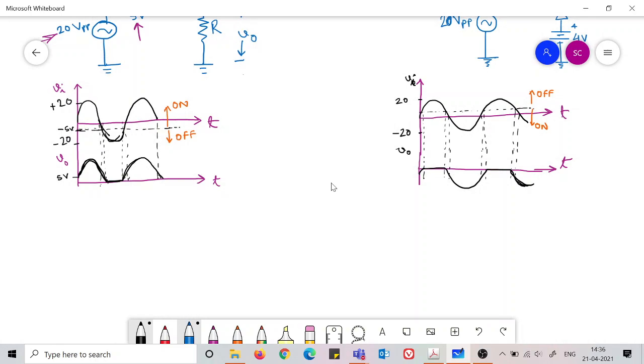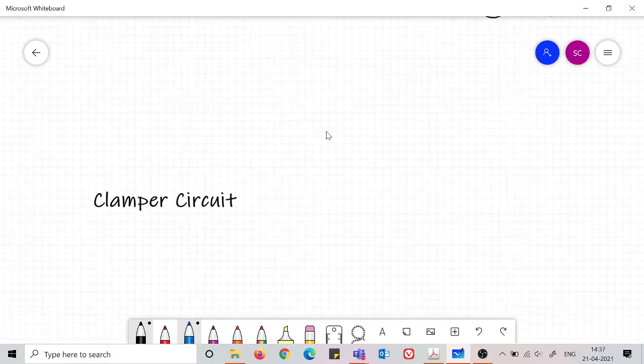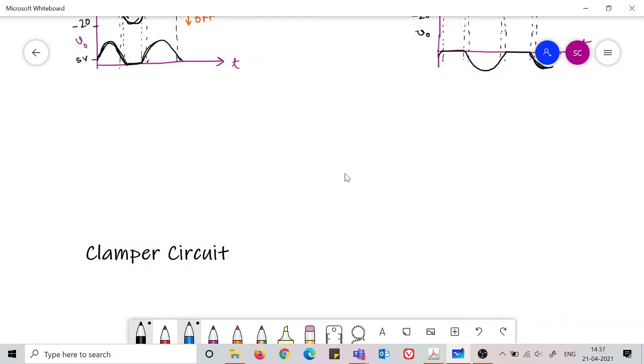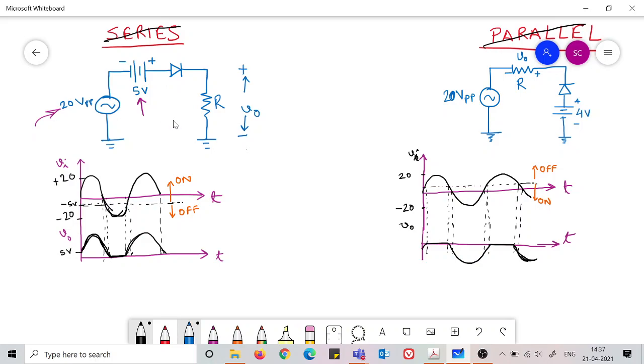So these are the clipper circuits. There is something called the clamper circuit. I will give you some quick variations of these clipper circuits to solve on your own. Try to reverse the DC battery voltage in both these diagrams.